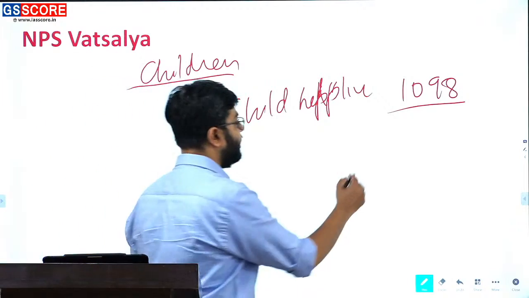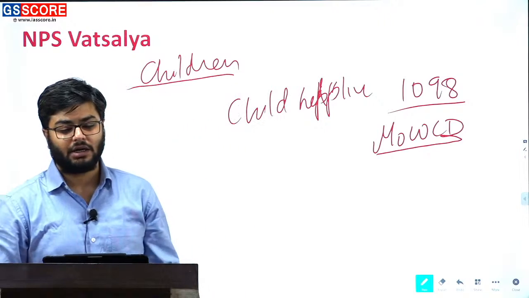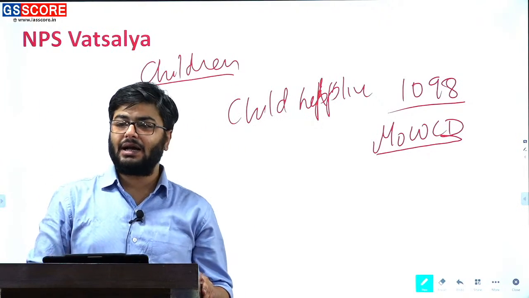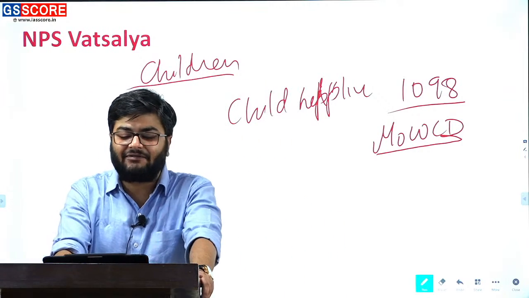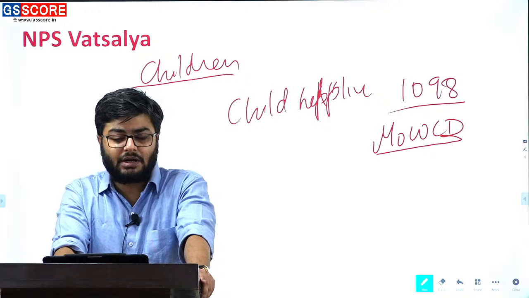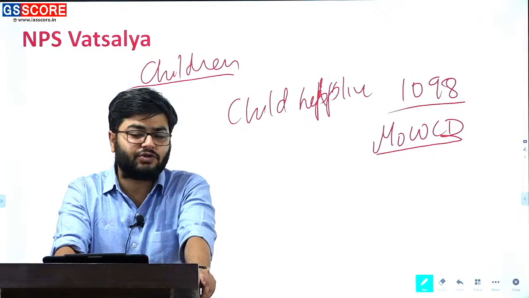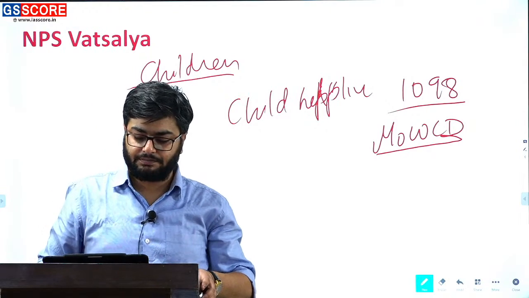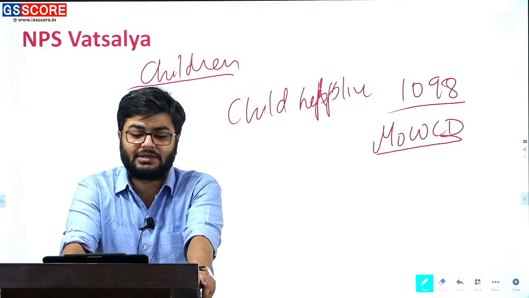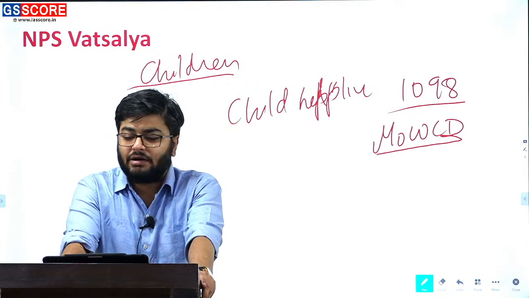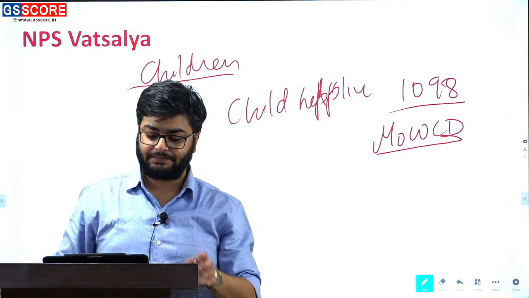The nodal ministry is the Ministry of Women and Child Development. And it will include orphans, abandoned children, missing, trafficked, child laborers, and of course children falling under the juvenile justice provisions. It is implemented through state governments with financial and technical support from the center.